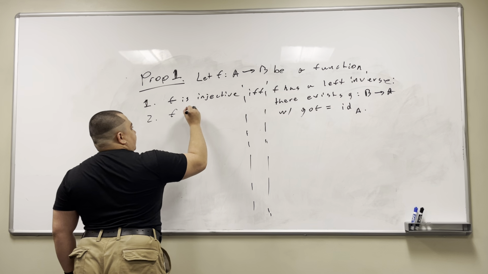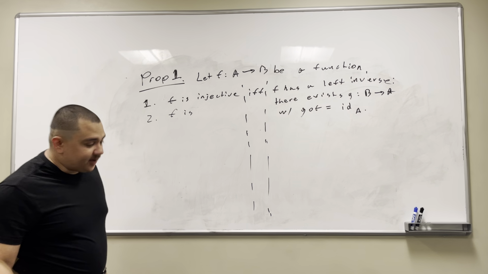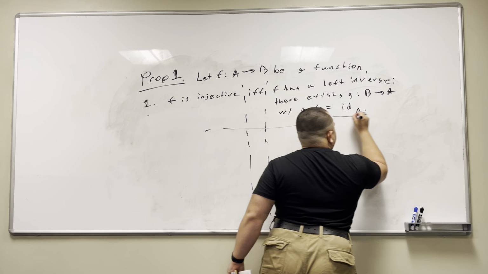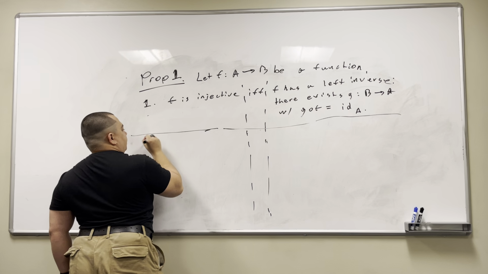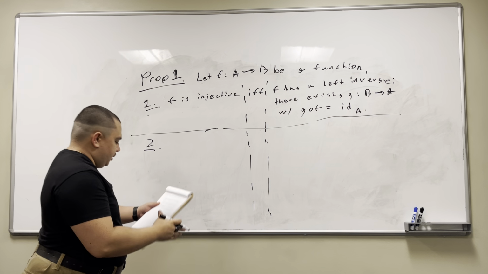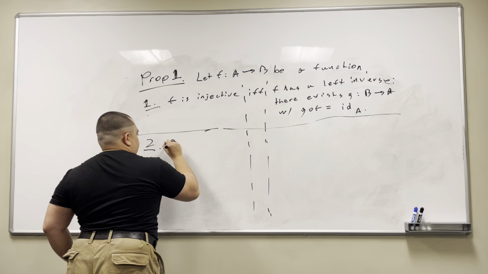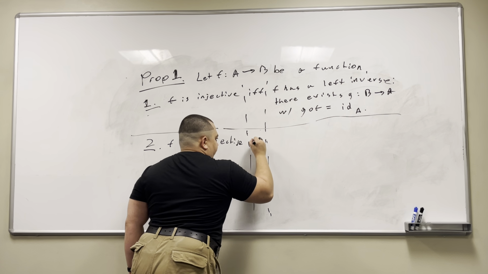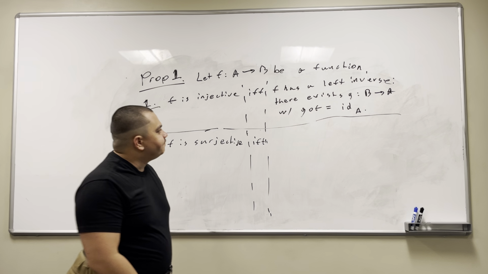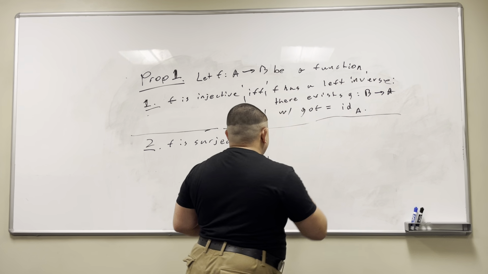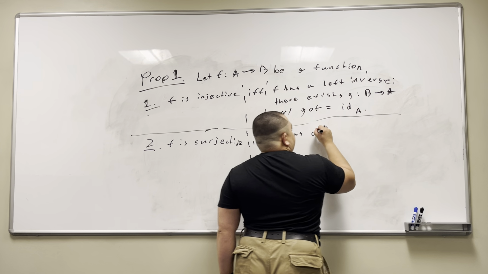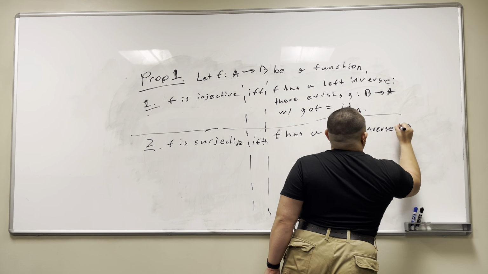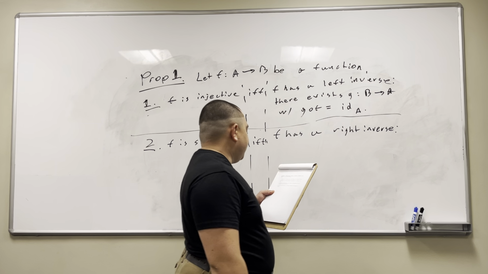f is surjective. Ooh, this is going to need a lot more room. What does that mean, if we're speaking inverse talk, right? Sounds almost Orwellian, but f has a right inverse.